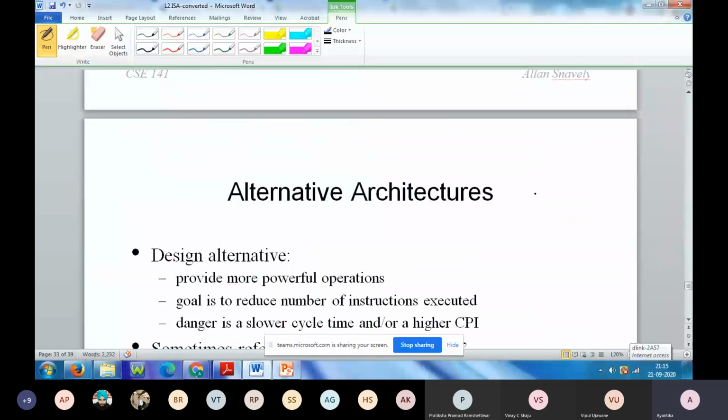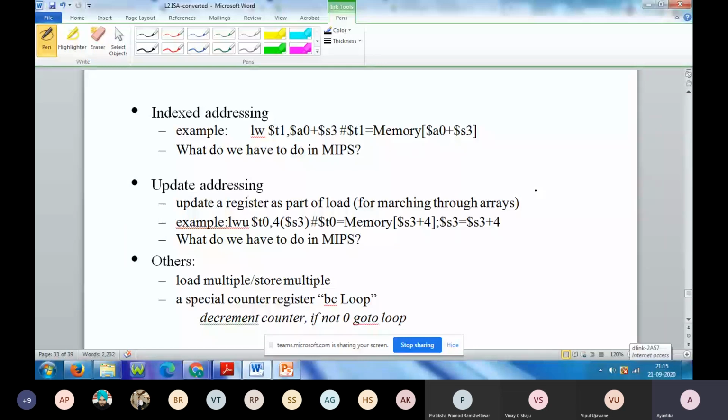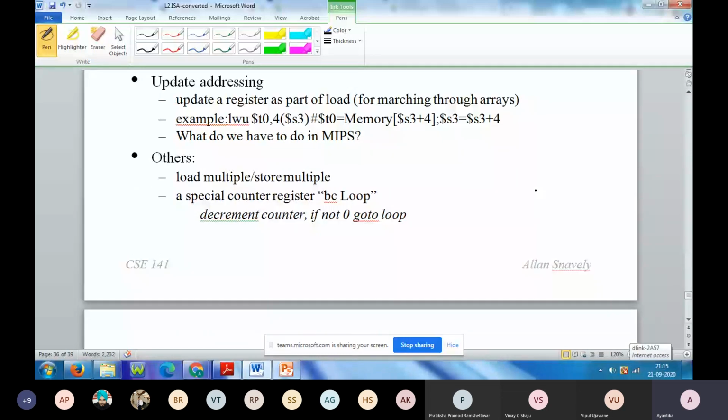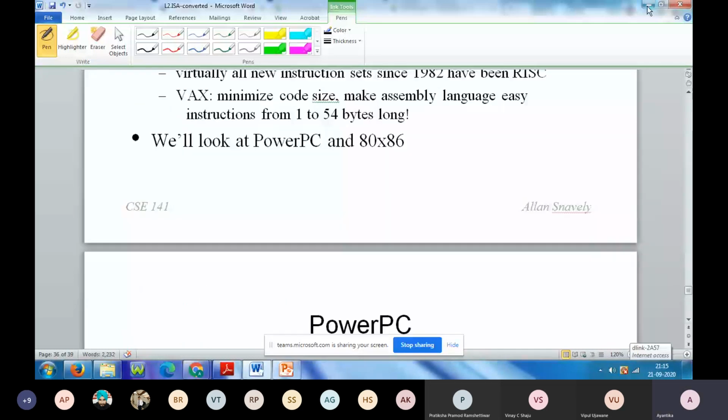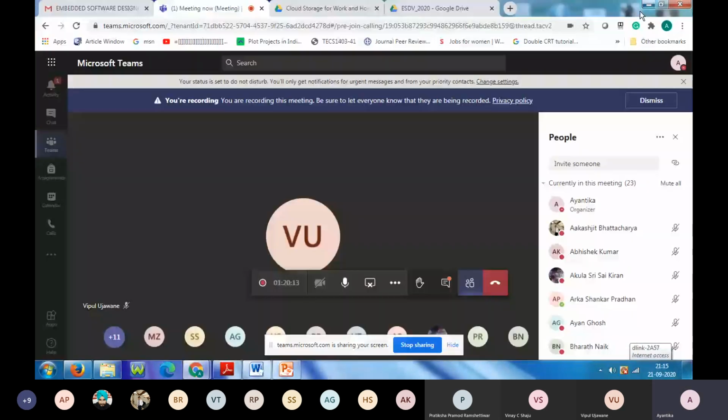There are some alternate architectures, but we are not coming to this. We will talk about it maybe next day, after we discuss pipelining and parallelization more. So all this we have talked about is the MIPS instruction set architecture.